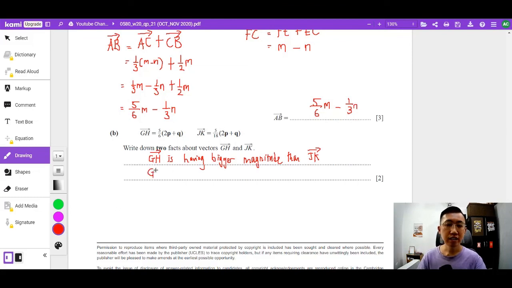So the next fact is that GH and JK are parallel, meaning they are facing the same direction. Wow, this past year question they asked theory. I realized that they asked a few theories right in front. That is October, November 2020. So teacher is done solving already.